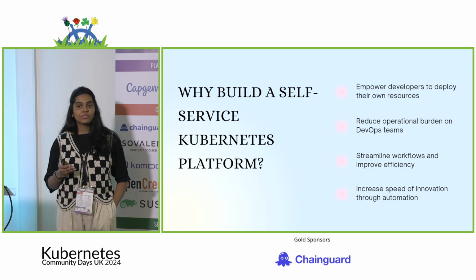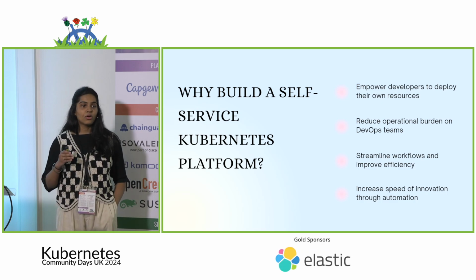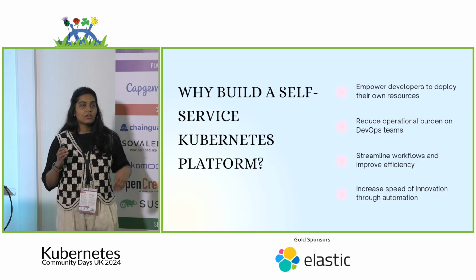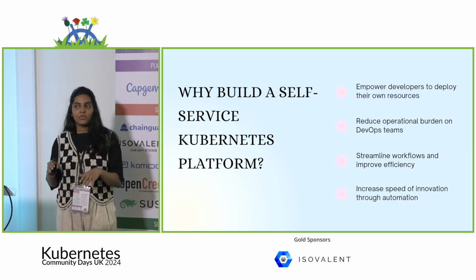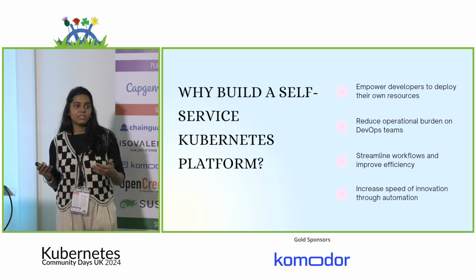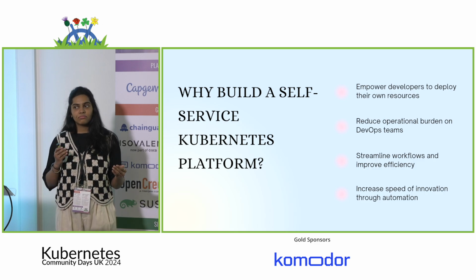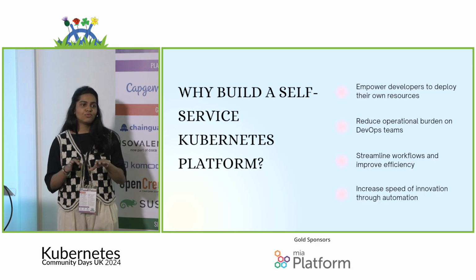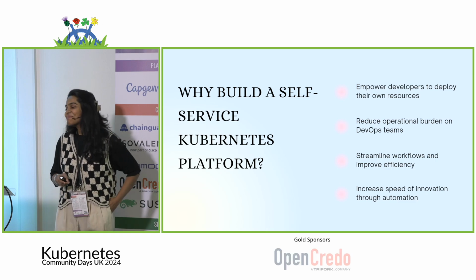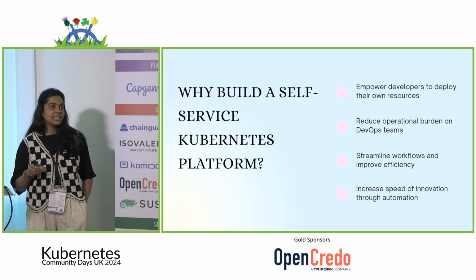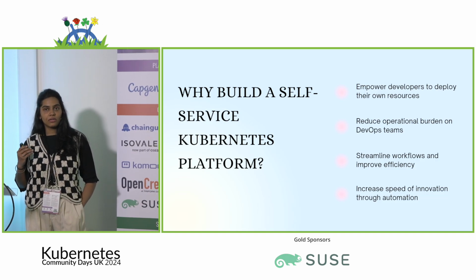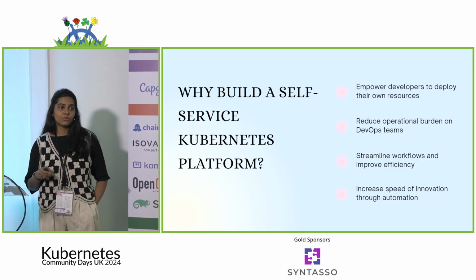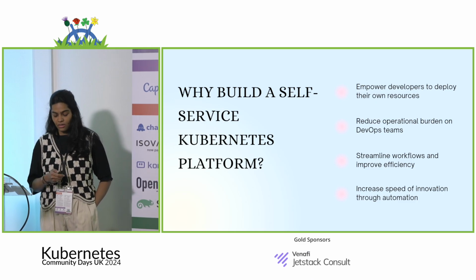It can also reduce the operational burden on the DevOps teams, as it's a strategic win-win, because when developers are deploying their own resources by themselves, the DevOps teams can focus on much better strategic tasks. It also helps the developers innovate better and faster, and it accelerates the go-to-market time.